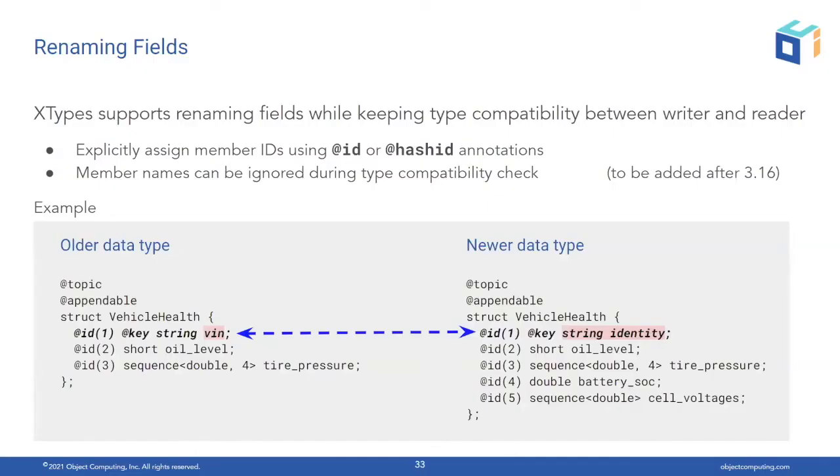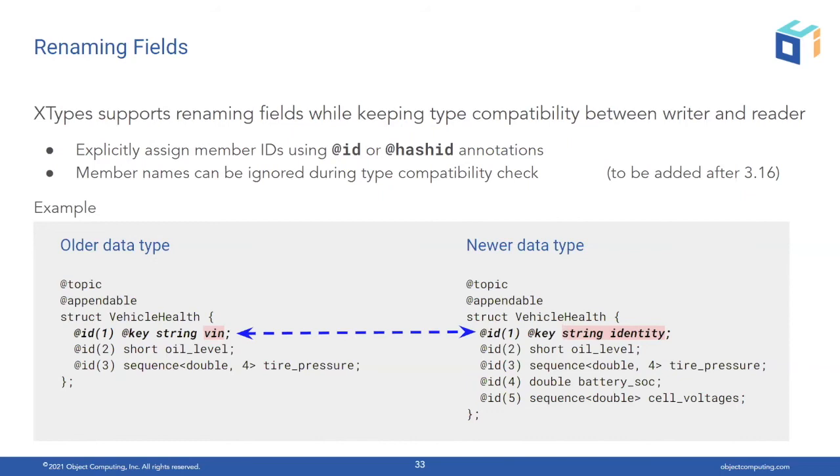Okay, so in this section, I am going to talk about some interesting use cases of XTypes. A common use case for a DDS application is a need to rename a member in a data type. For example, in an old data type, the vehicle used a field named vehicle identification number as a key field, and later in a newer DDS application, the application changed the name of the field to identity.